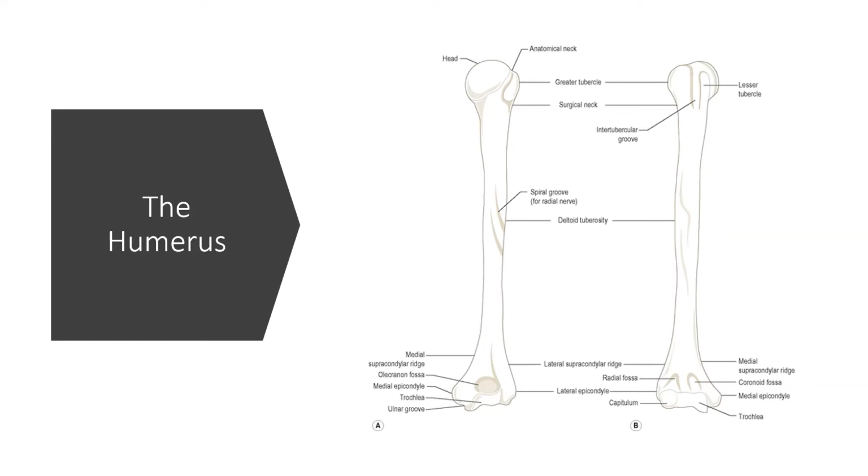The capitulum is the aspect of the elbow that the radius rotates around. So the radius is responsible for supination and pronation, and the radius rotates around, or kind of rotates among, the capitulum.